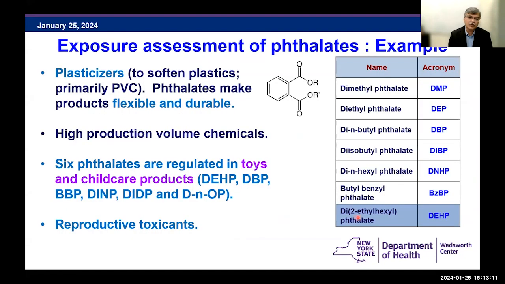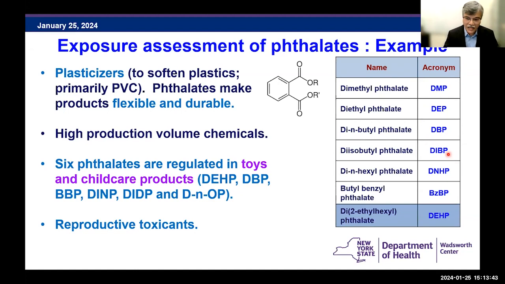And I'm going to show you an example with phthalates, because many of you know phthalates, a widely studied chemical, with thousands of publications out there. They are used as plasticizers. They are high production volume chemicals. And some of those phthalates are regulated in toys and childcare products, right? So many of you might know about dimethyl, diethyl, dibutyl, diisobutyl. These are all the low molecular weight phthalates, mostly used in personal care products and cosmetics.